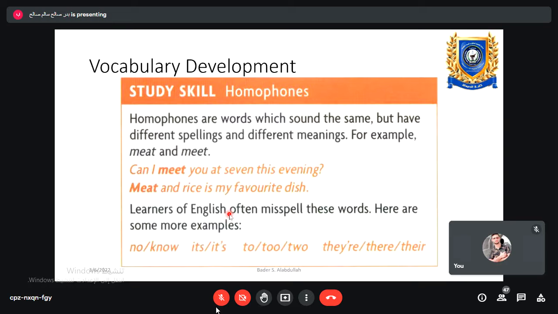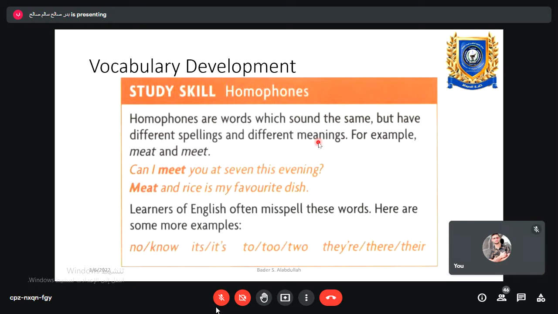In the vocabulary development, today we are going to talk about homophones. And as the name implies, homophones are words which sound the same but have different spellings and different meanings.